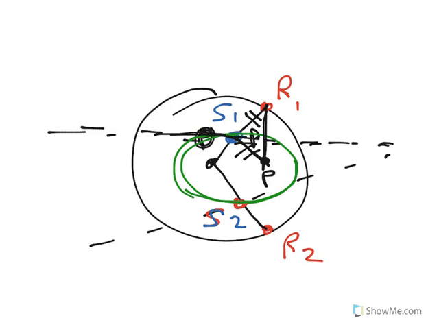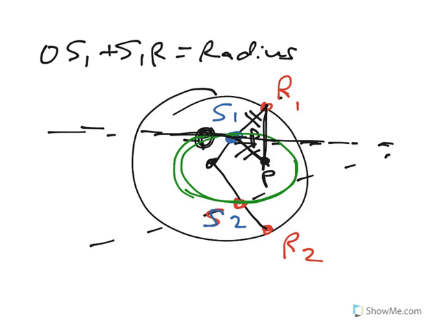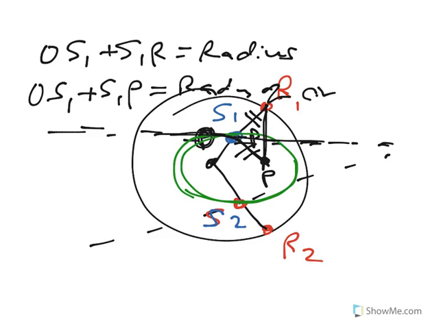So every point on the perpendicular bisector is equidistant from the two endpoints. So those two things are equal. Now, we know that OS1 plus S1R1 is the radius of the circle. But if S1R1 is equal to S1P, OS1 plus S1P is going to be the radius of the circle.